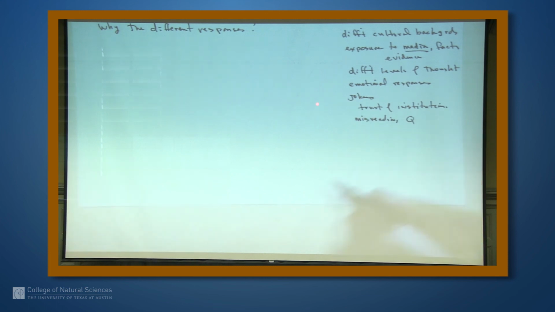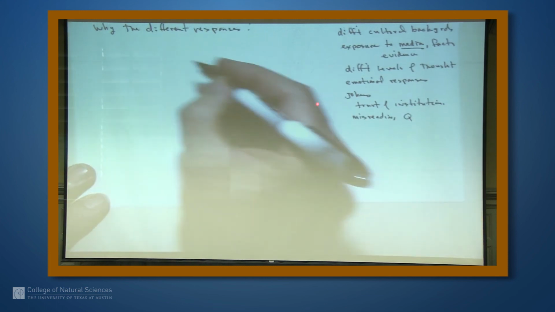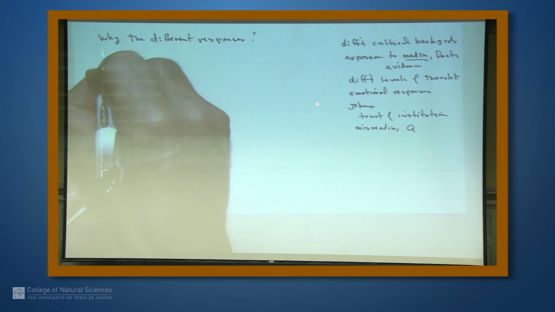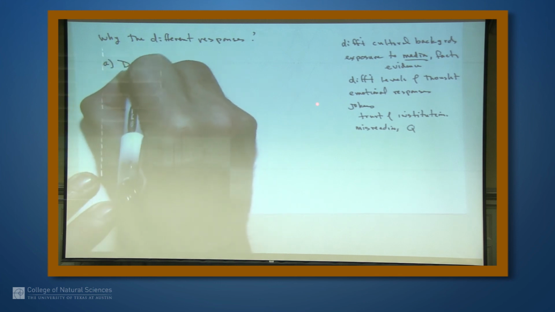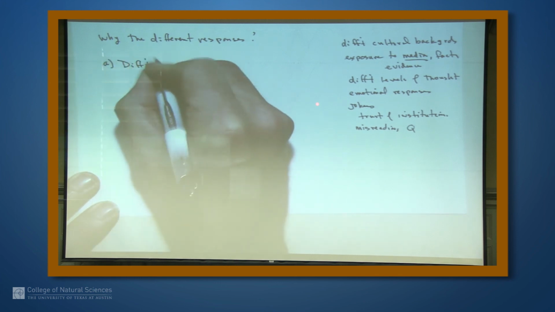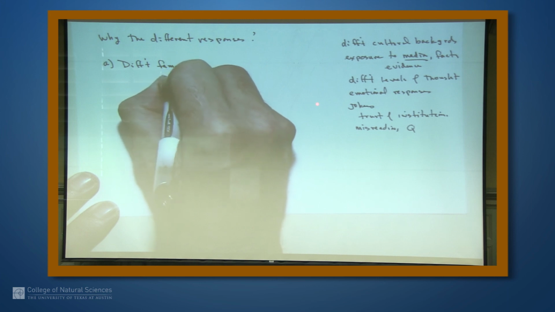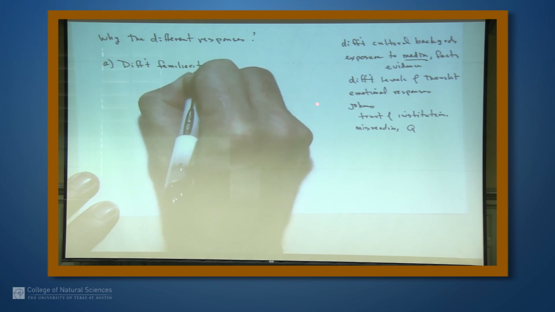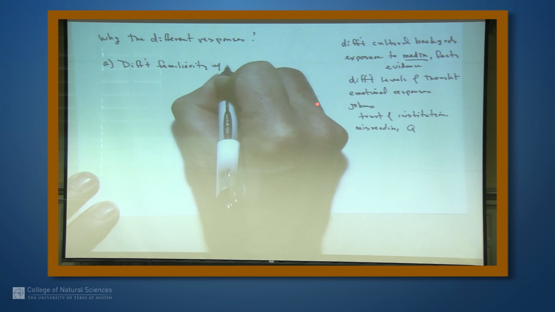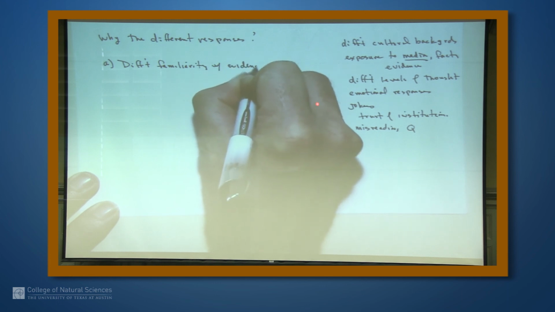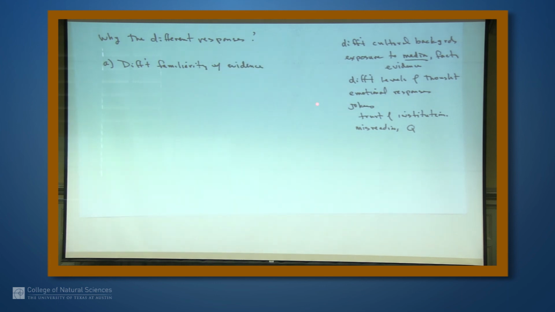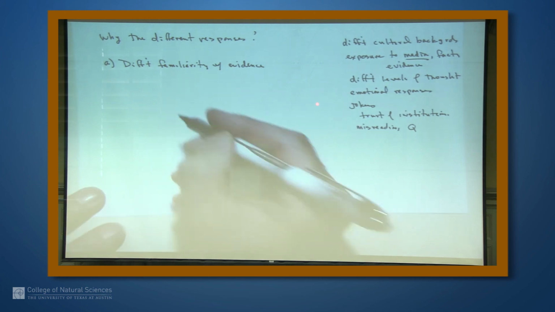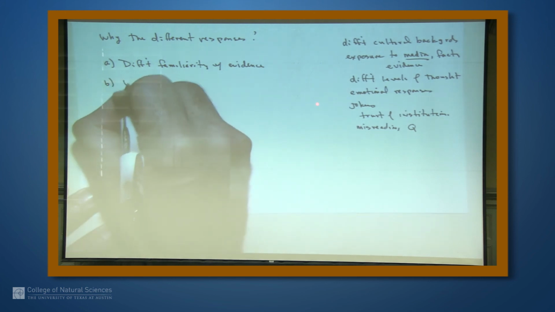I'll just say question. I'm not going to get all of these, but I think these points capture much of it. There would be different familiarity with the evidence, and that would be different experiences too.